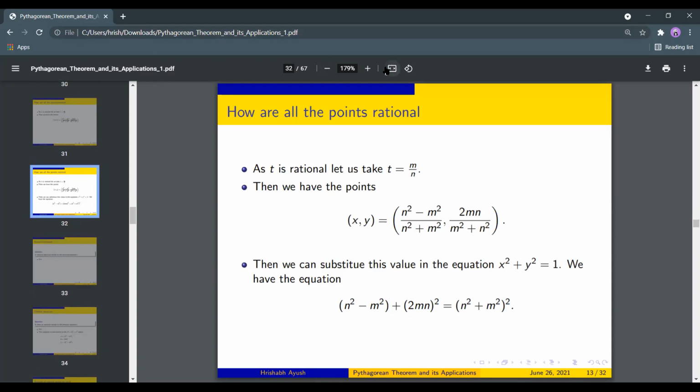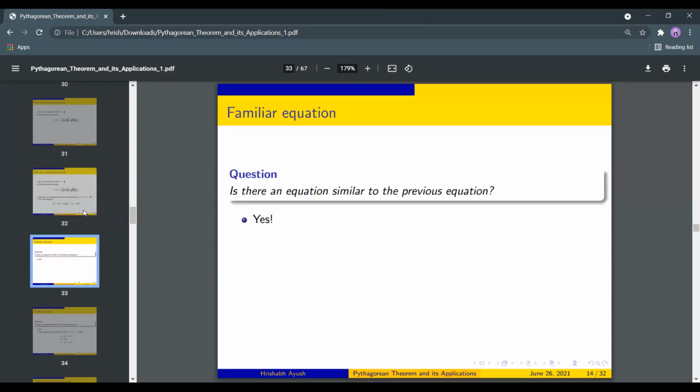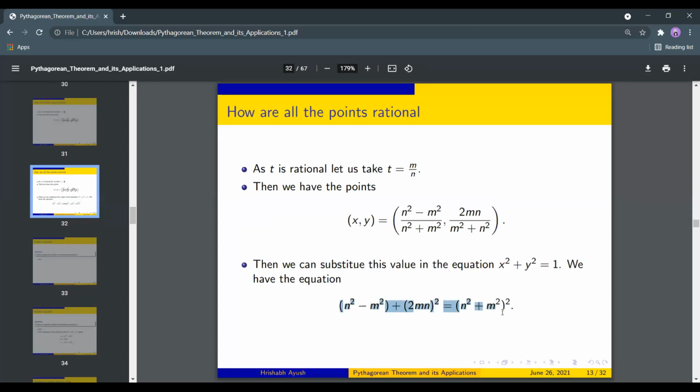Anyone? Well, we just saw it a few minutes before. Can you please repeat the question? Okay, so our question is: do we have an equation similar to the previous equation, that is this one? Do we have an equation similar to this or no?